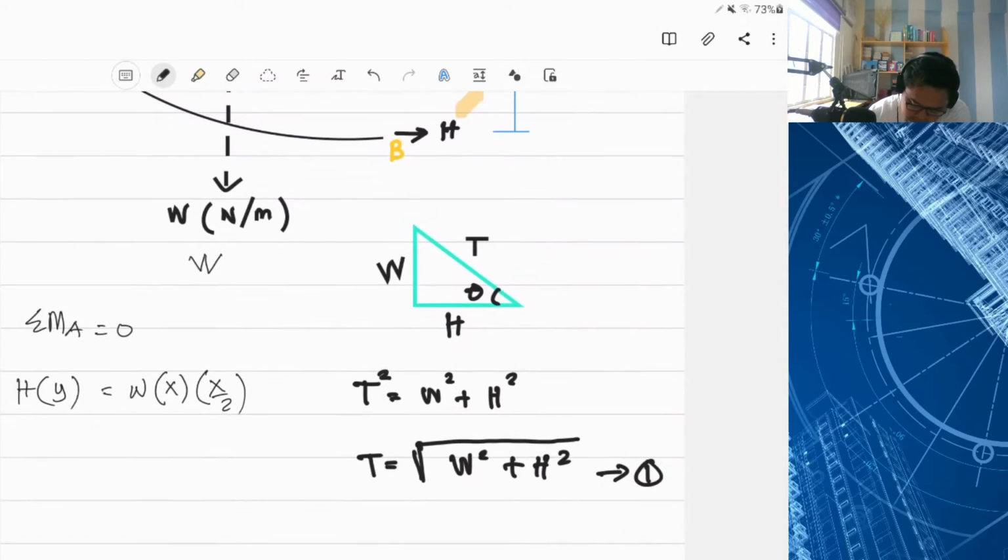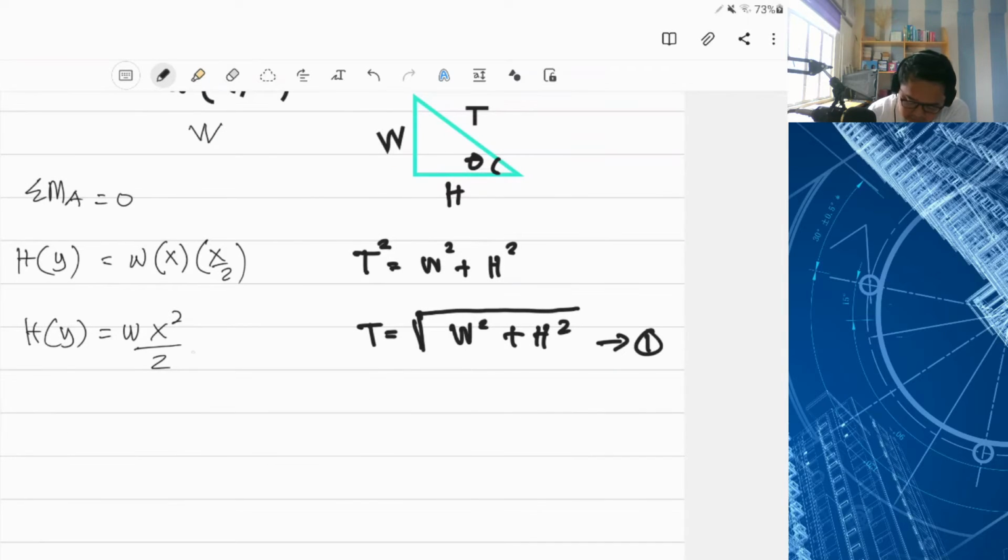These are the moments involved in our segment. We can summarize this as W x squared over 2. So take note of this equation.